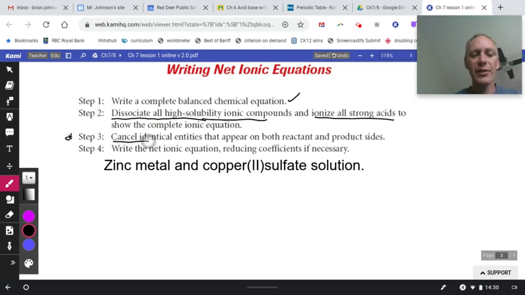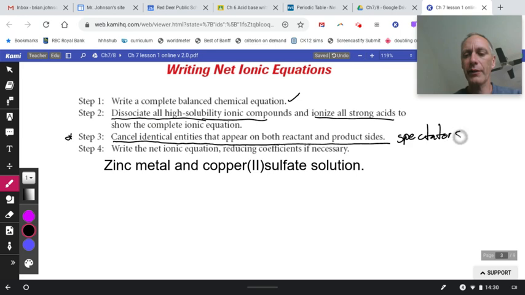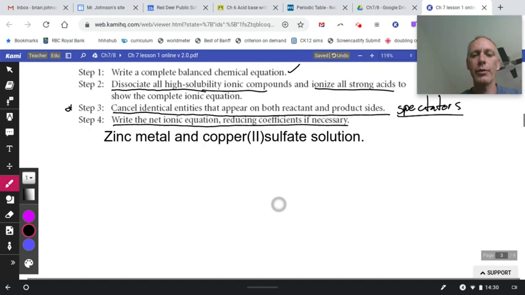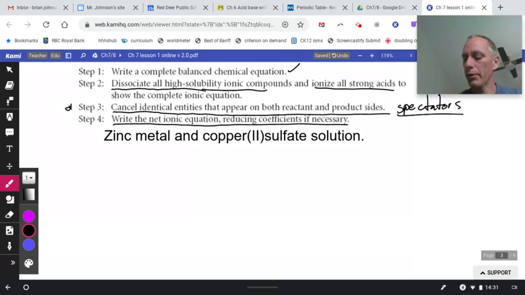You're going to cancel out identical entities that appear on both the reactant and the product sides. Once those spectator ions are canceled out, I'll just put spectators. They're not always ions, but usually. Once they're canceled out, then we can write our net ionic equation and simplify. Okay, so practice makes perfect. We'll go through like 3 or 4 or 5 examples, so you'll get this dialed in.